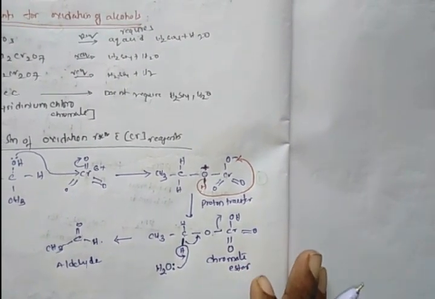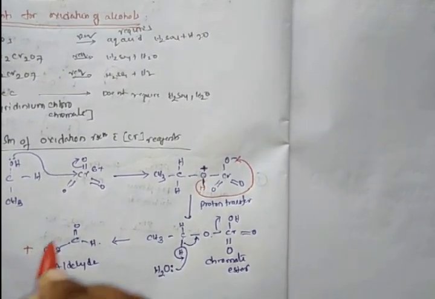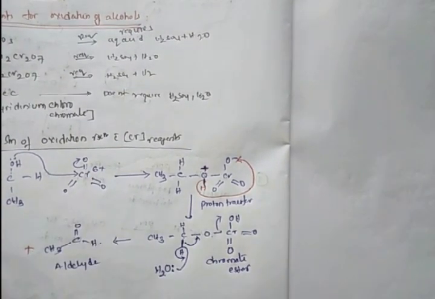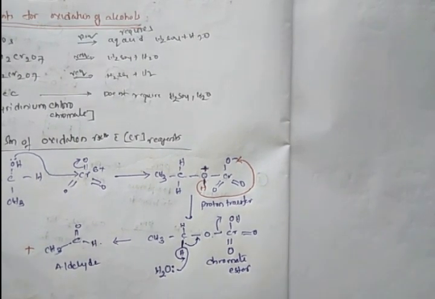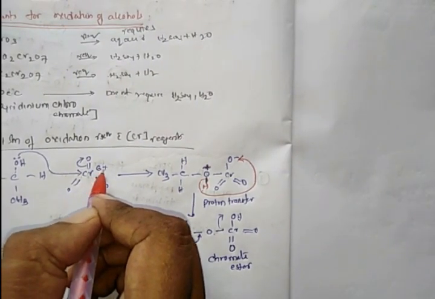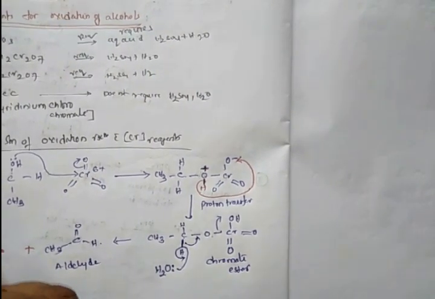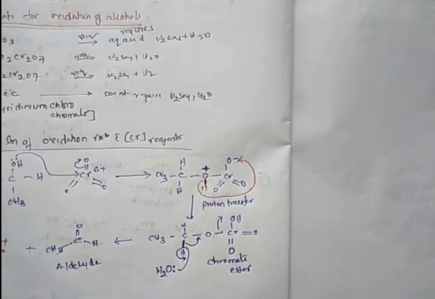There is an important point here: there is a formation of Cr, OH, double bond O. We started with this chromium atom having a 6 plus oxidation state, but this will have a 4 plus oxidation state.